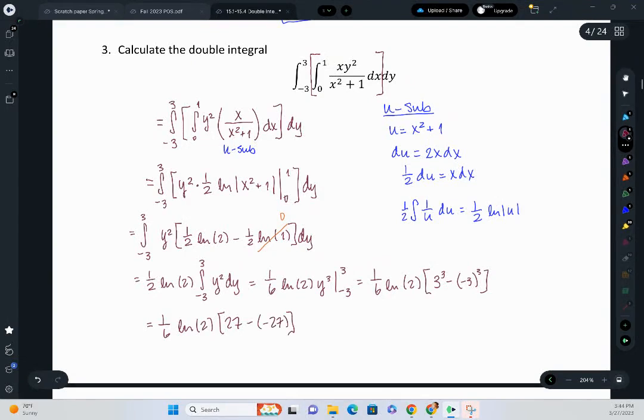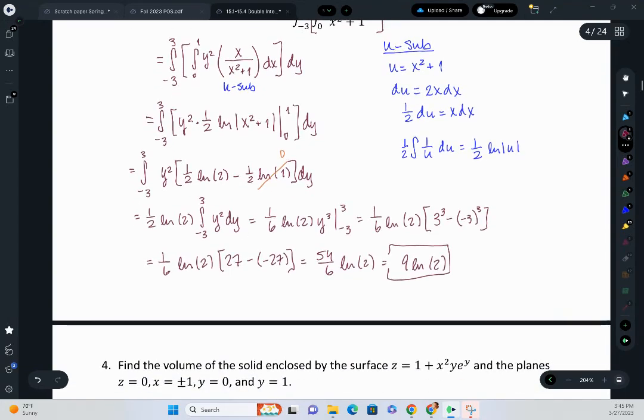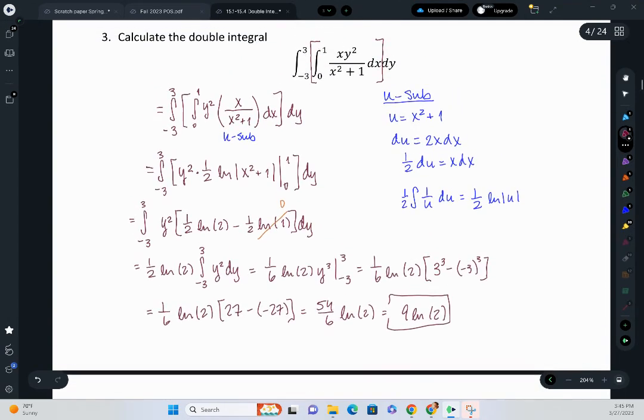So that's going to give me a total of 54. I have 54 over 6 ln of 2. And 6 goes into 54 9 times. Finally, we have 9 times ln of 2. That's our final answer.